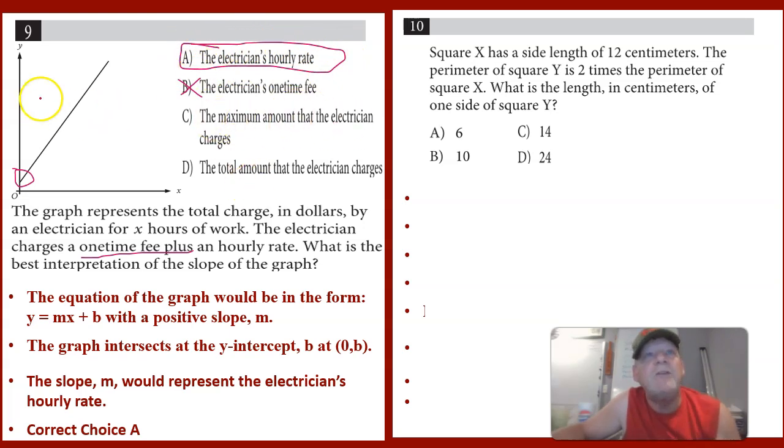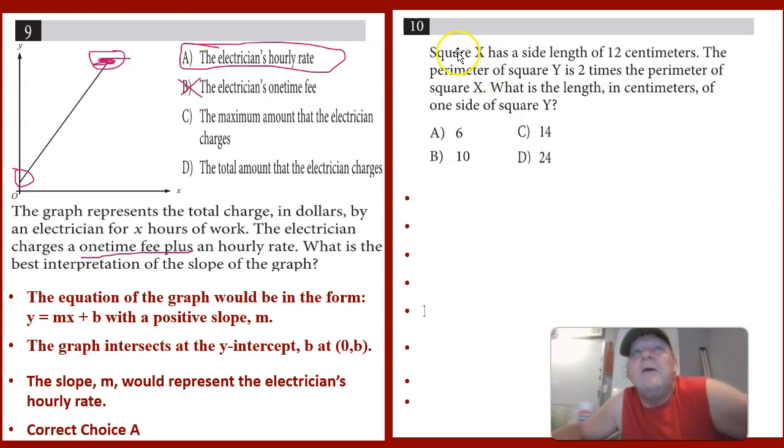C would be the maximum amount that they charge, which could be right here, which would be the maximum amount based on this. That's not his slope, which is the change. Change is based on how long it takes. And the total amount would be up here as well. So that means it would be choice A.